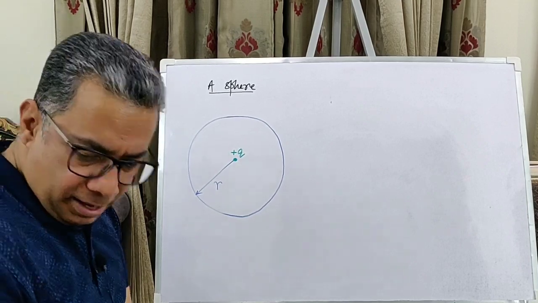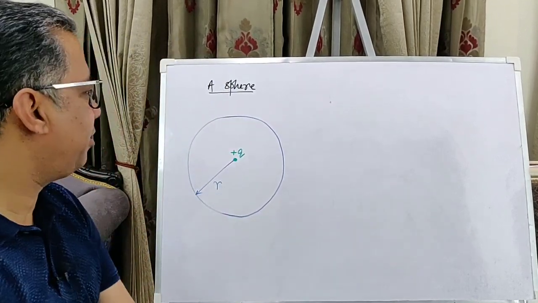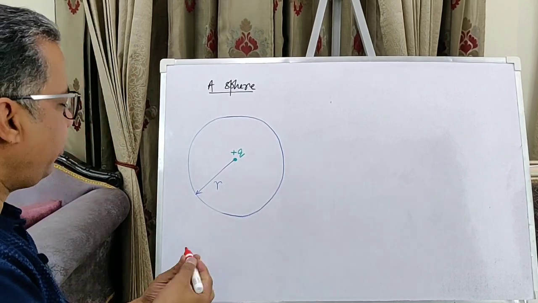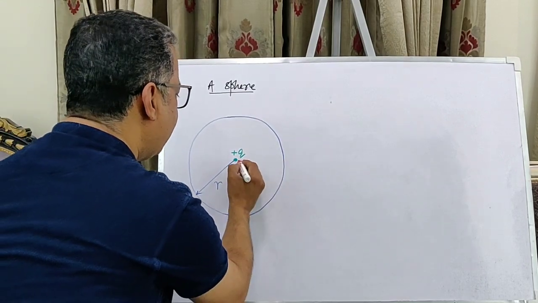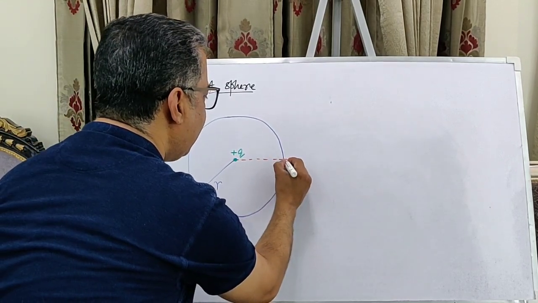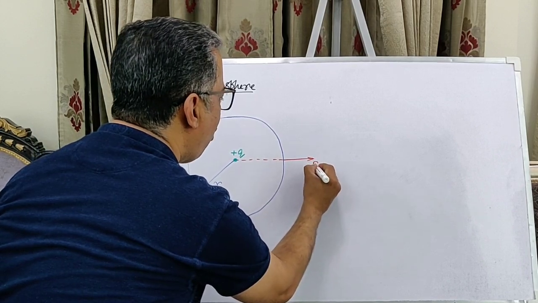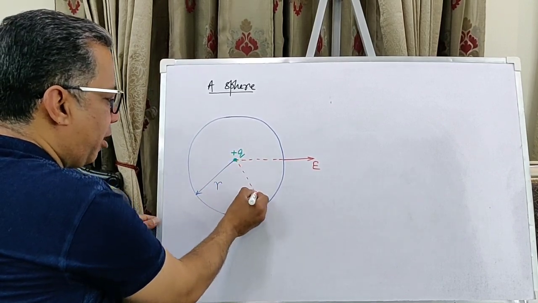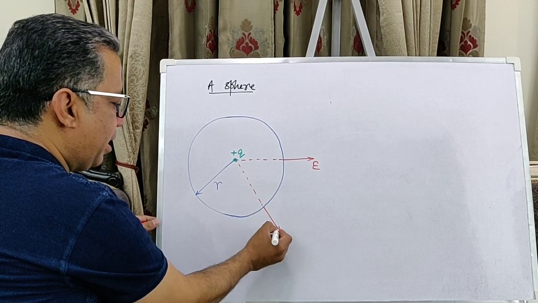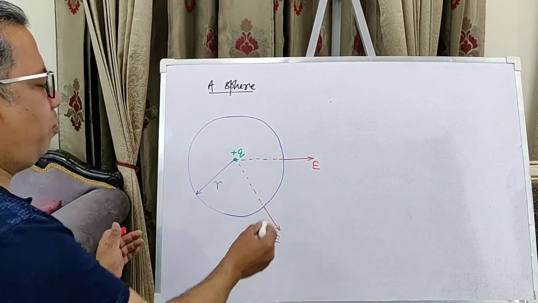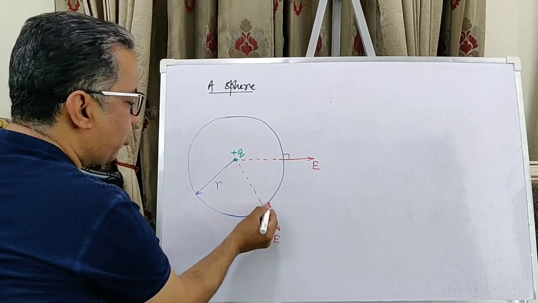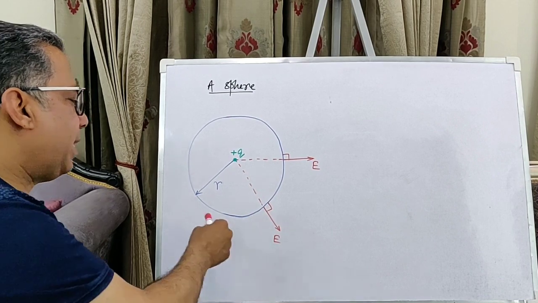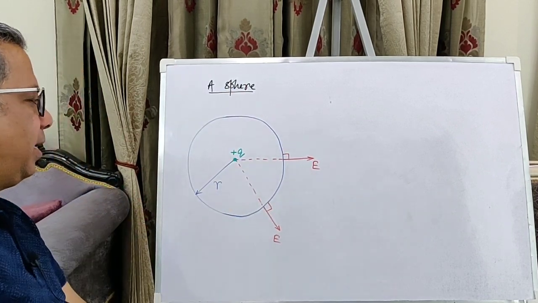Now, there is a simplifying feature in this problem: at any location on the surface, the electric field would be normal to the surface. Since the electric field of a point charge is directed radially outward, it is normal to the surface at all locations.